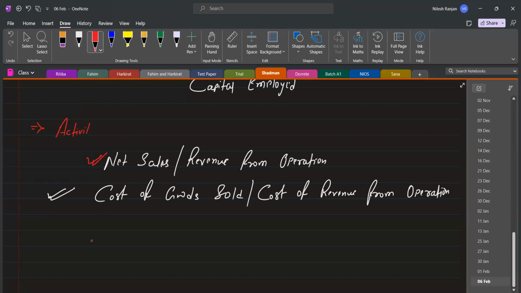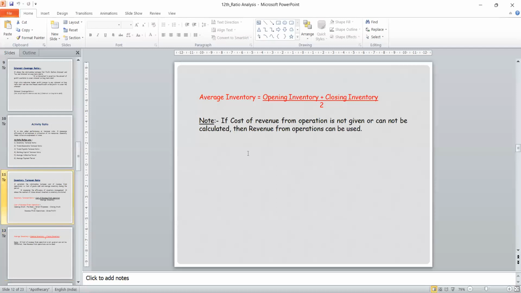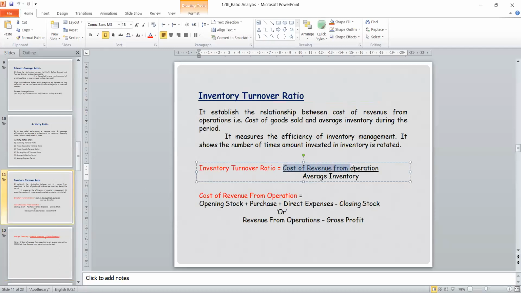So if cost of goods sold is not given and also cannot be calculated, then only we will use net sales or revenue from operation in the formula. So the formula is cost of revenue from operation divided by average inventory. Instead of cost of revenue from operation, you can use the revenue from operation or net sales when there is no information about this, or it cannot be calculated.